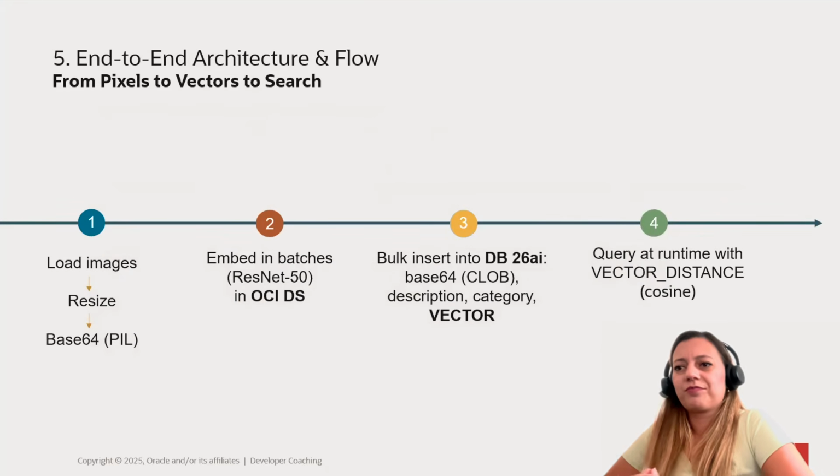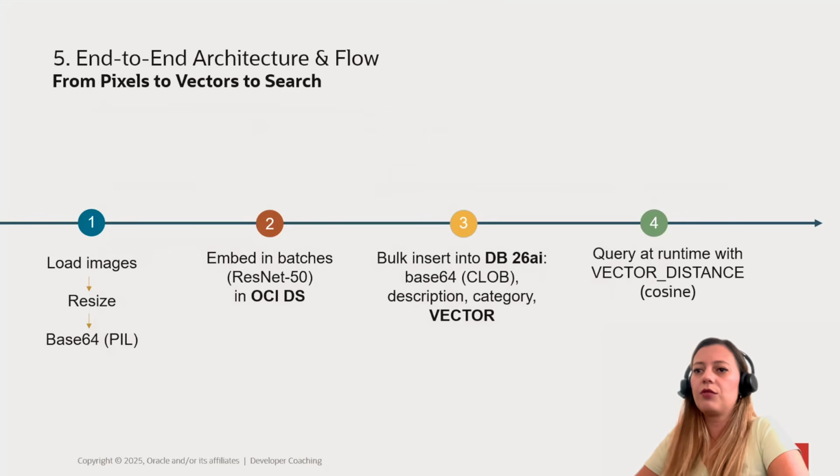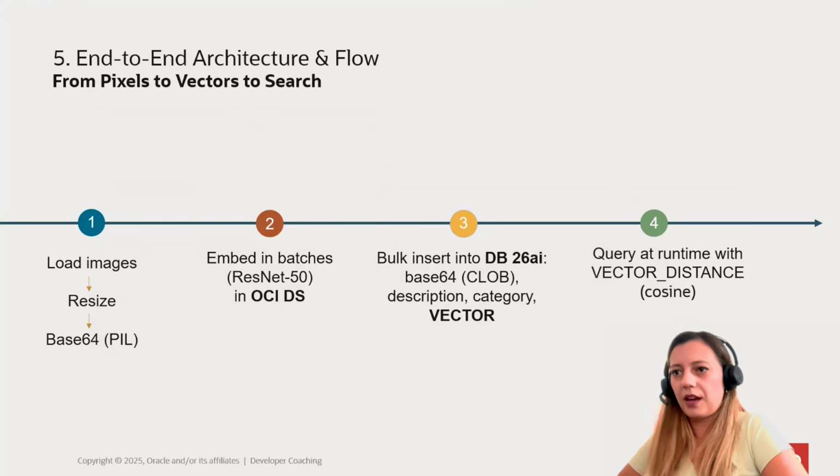Now, this is how our demo looks from end to end. The steps are very easy. We have the data, we load the images, we process them in Data Science, we resize them, convert them into base64. We embed them in batches using the ResNet50 model, and then we insert everything into our database 26ai.